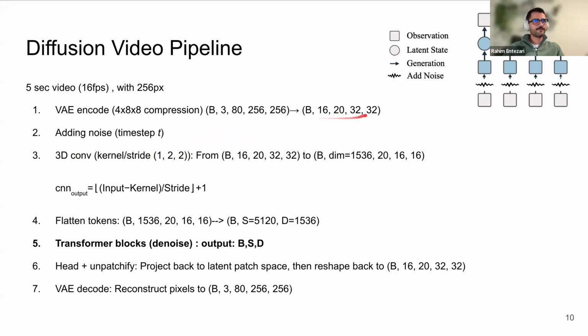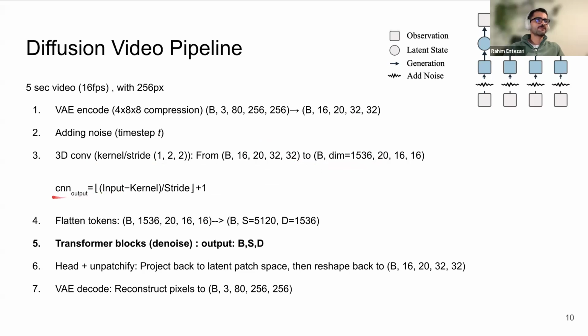So remember, we have this VAE output. Now we have 16 channels, 20 frames, and 32 pixels as height and width. We give this to the 3D conv, and the output will be like this. Why? Because of a very easy formula.